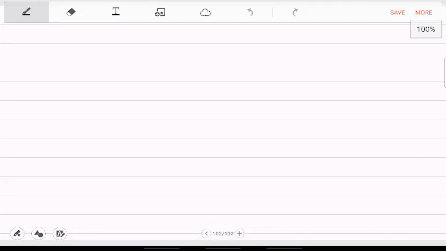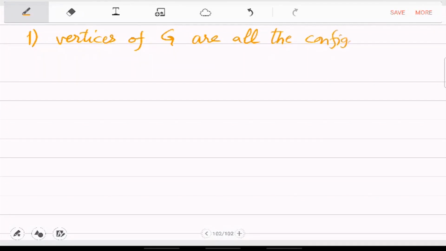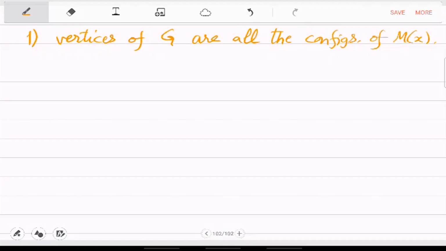So what are the details of that? The vertices of G are all the configurations of Mx. Right. So Mx, for example, starts with a start configuration, then moves to 2 options, then each of those move to 2 more options, and so on, ending up in either an accept or reject configuration, depending on whether x is in A or not. So that configuration tree's vertices become the vertices of G.